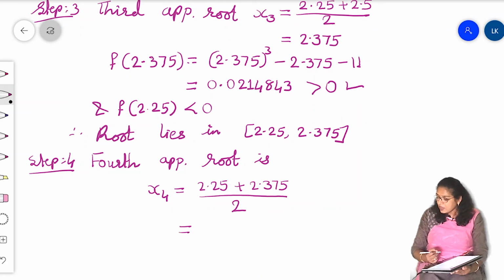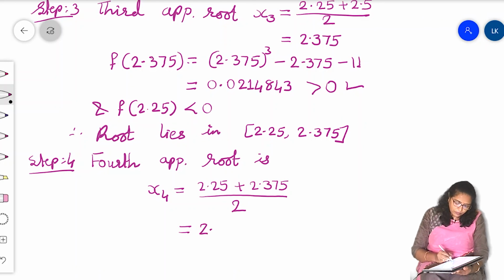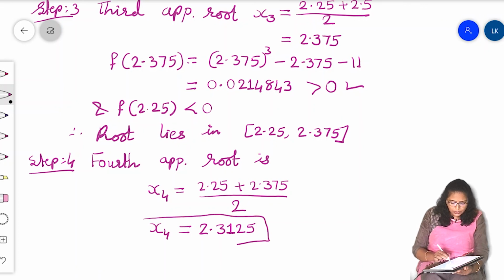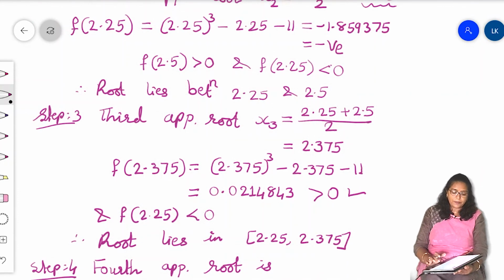That is, our root is 2.3125. Means the fourth approximate root is 2.3125.